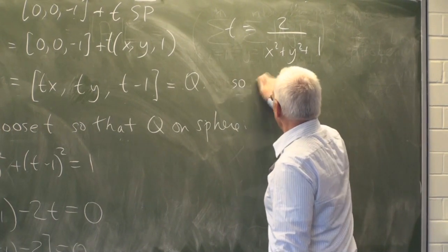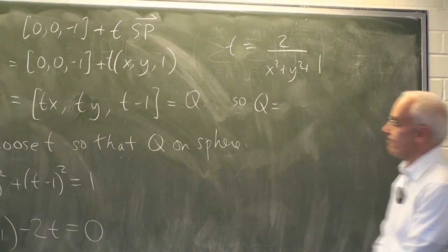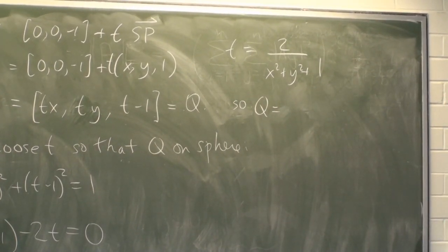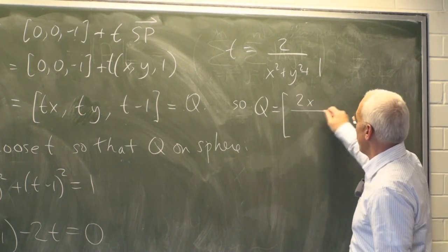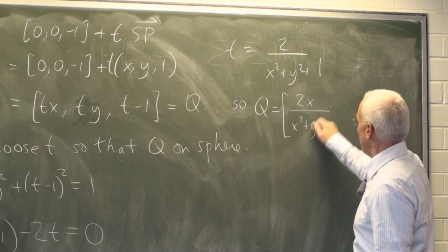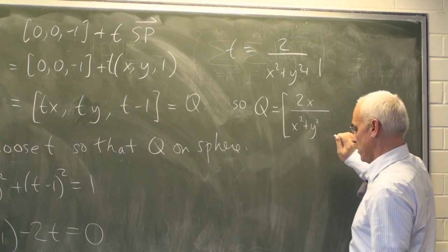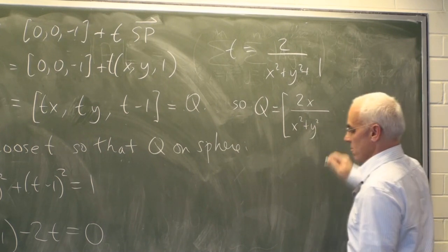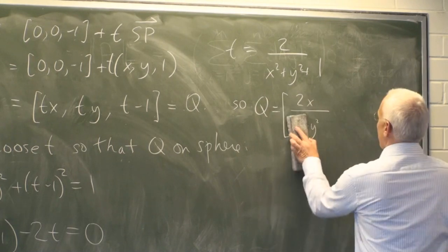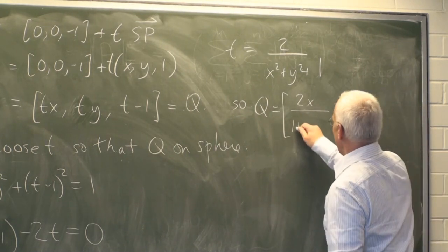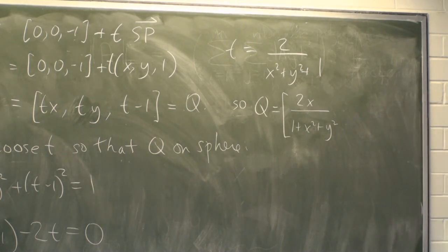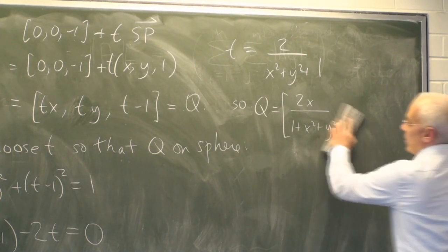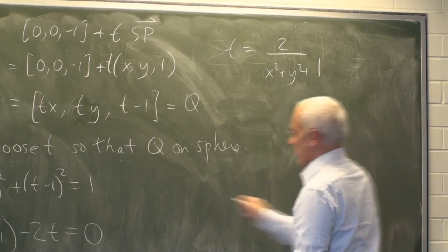So Q has 3 coordinates. The first one is 2x over 1 plus x squared plus y squared. In fact, maybe I'll move it down here so we can write it all down.